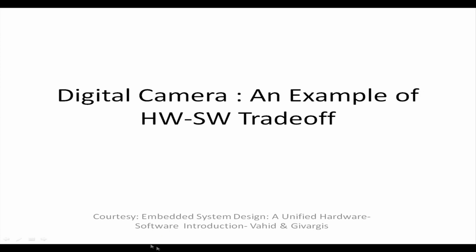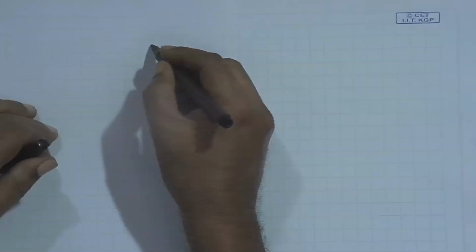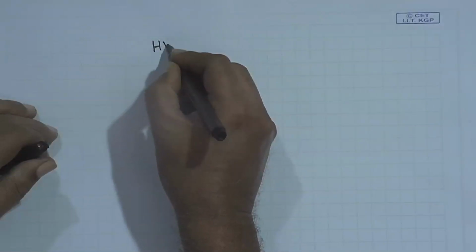In particular, I have selected this because I want to show you the hardware software trade off. As I had said earlier, any embedded system design is not only hardware design, it is not only software design, but designing both. More importantly, I had used another term called hardware software co-design, if you recall.